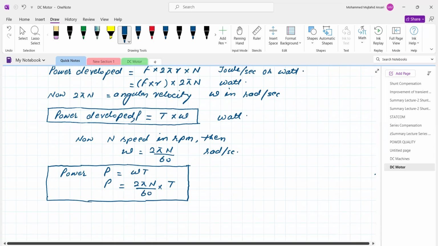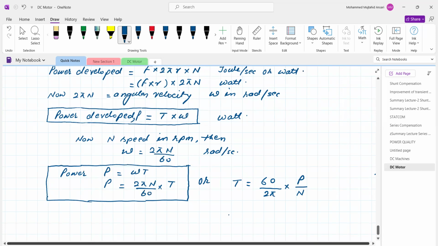Now in this case, we can write torque is equal to, what is the value of T? It is 60 upon twice pi into P upon N, where N is the RPM.